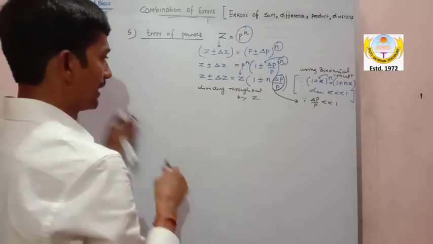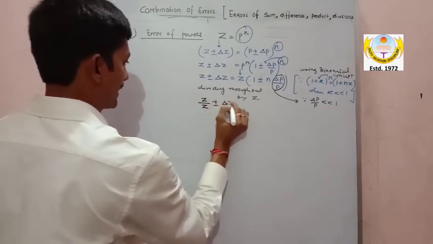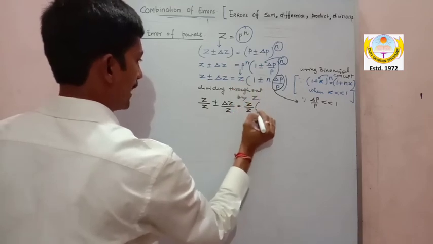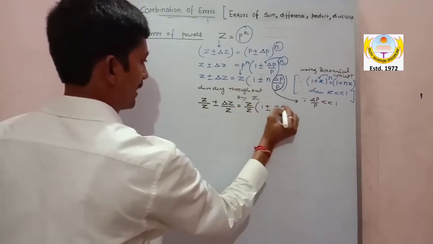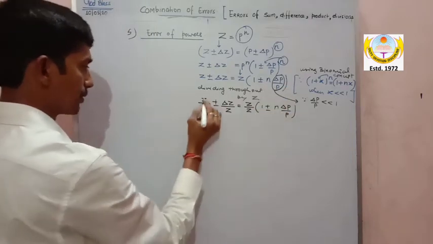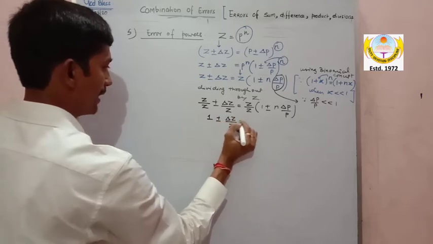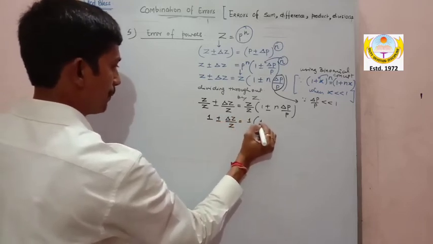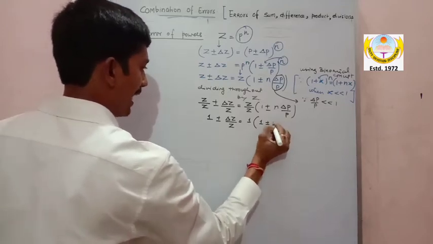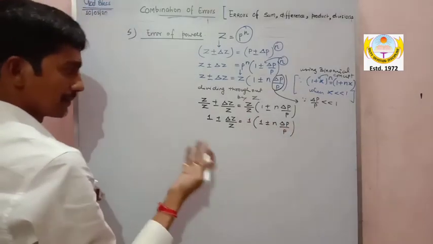The answer here is Z by Z plus minus delta Z by Z is equal to Z by Z, and here it is 1 plus minus n delta P by P. So it is 1 plus minus delta Z by Z is equal to 1 plus minus n delta P by P. I hope it is clear.